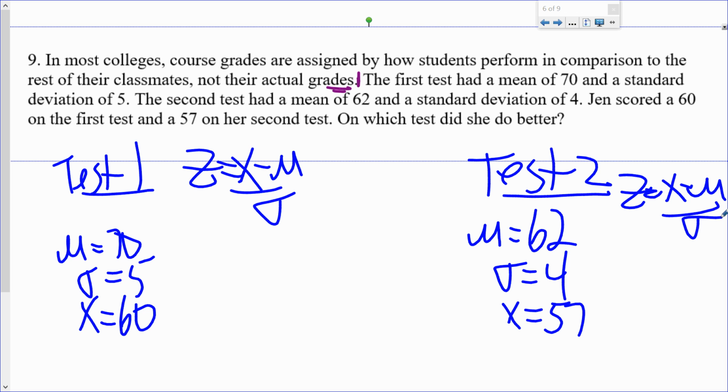I want you to do the calculation. We just did this on the previous page, so please pause, do the calculations of the z-score, and then unpause.